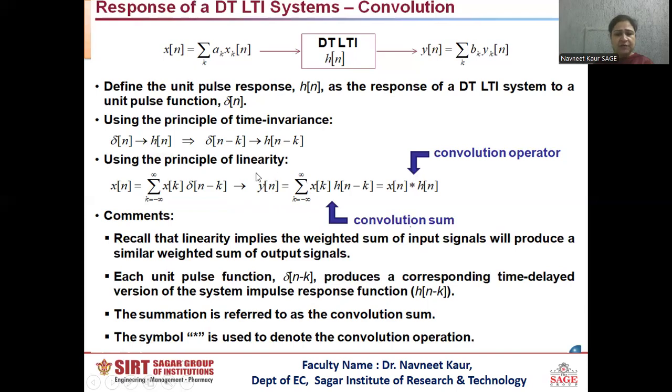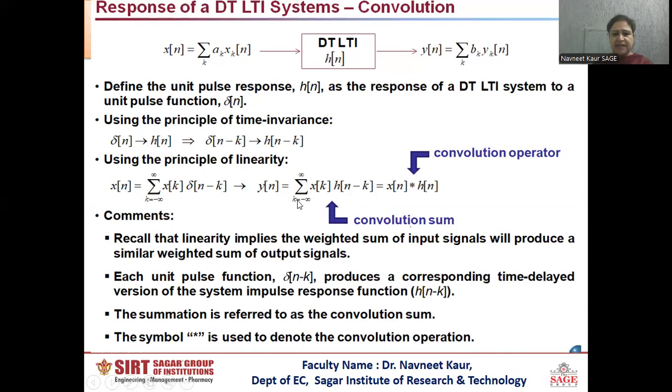Now, suppose I want to find out output for any arbitrary input x[n], then y[n] will be the system function operated on this value of x[n]. So it will be x[k] system function operating on delta[n minus k]. Now here we know delta[n minus k] when operated upon the system function gives h[n minus k]. So I'll write here h[n minus k].